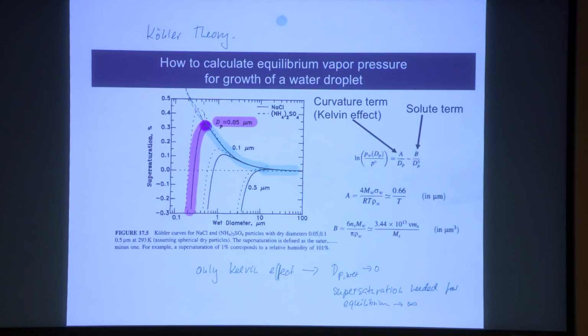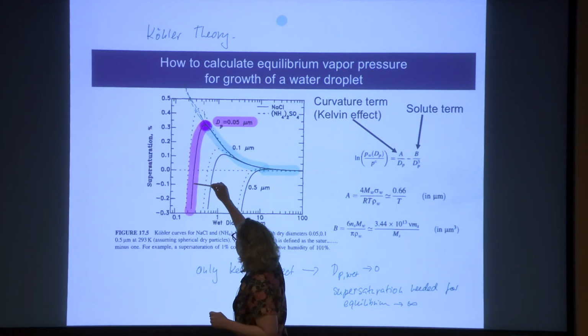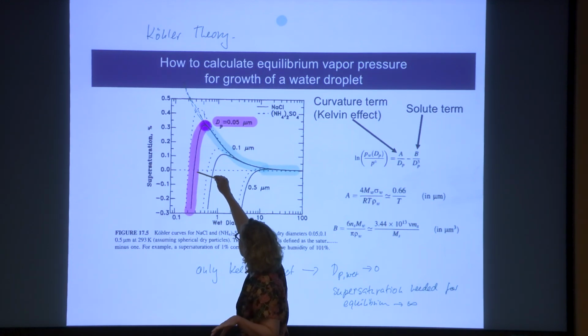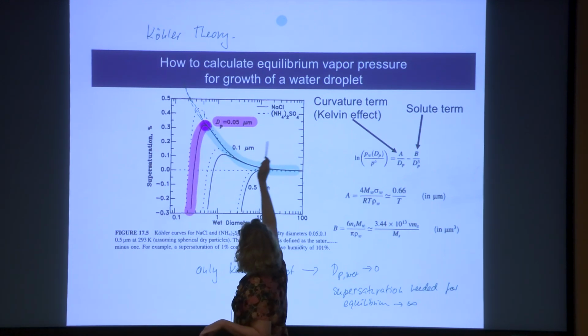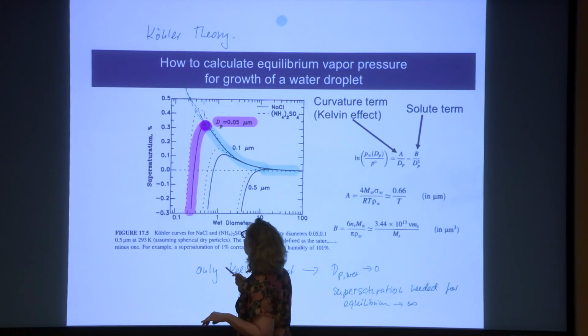So this point here is also really interesting because now this has to do with stable and unstable equilibria. This happens in other fields or applications as well, and so this is one application. So let's go through this a little bit. What happens is if you have, let's say, you start out here, you are subsaturated, just below 100% relative humidity, and you have your sodium chloride particle in equilibrium.